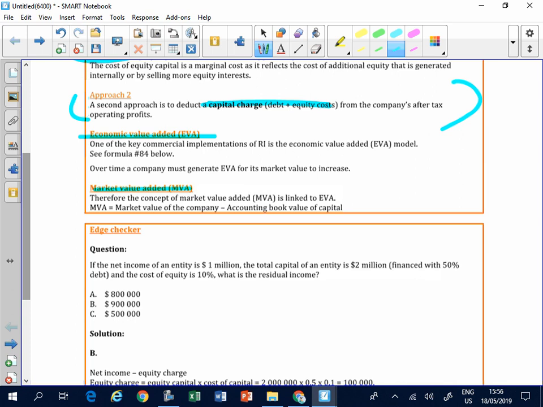You're not adding any value, you're not destroying any value, it's 1. Okay. If it's more than 1, then you're adding value to the company. So if your residual income into the future is positive, then your price to book has to be more than 1. And if your residual income into the future is negative, it means that you're destroying value. So that's if it's negative.